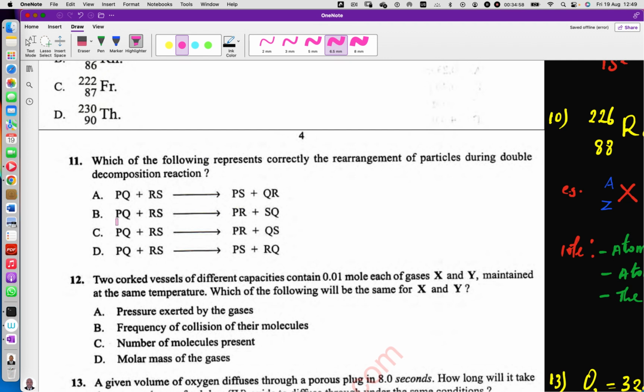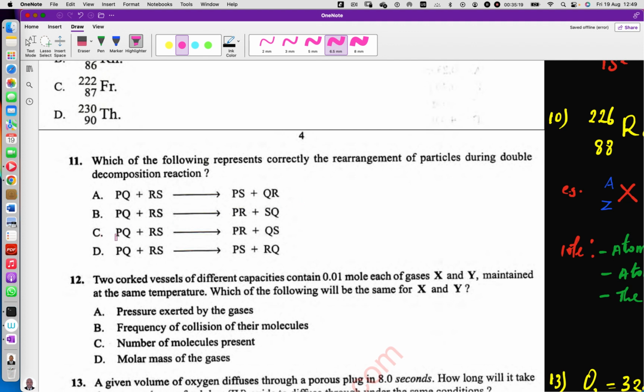Has R replaced P? Let me see. It's not the same way. It's supposed to be PS and RQ. So that is not the thing.